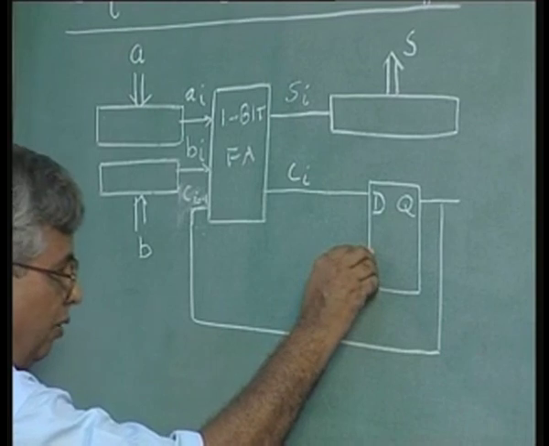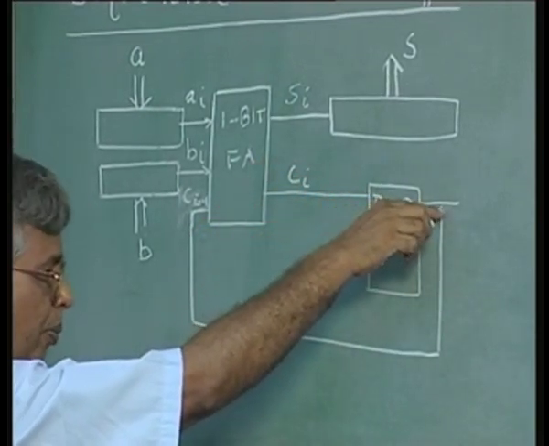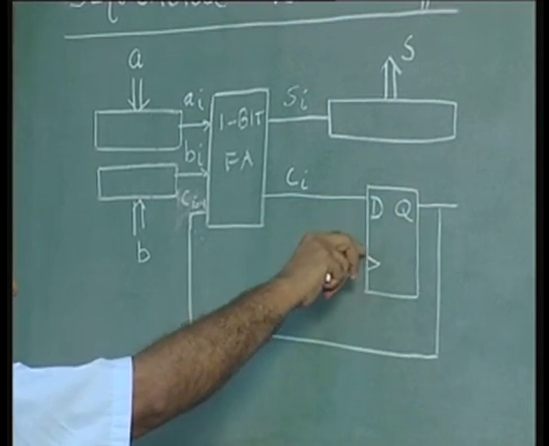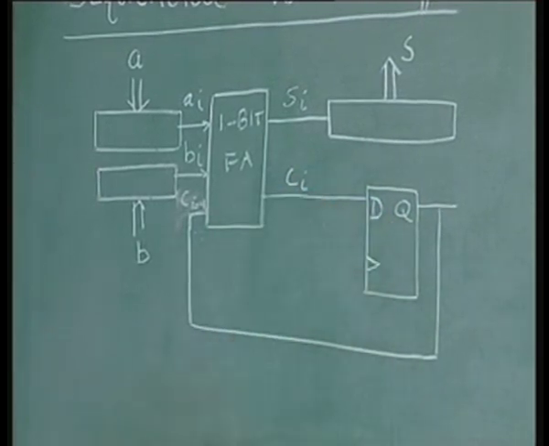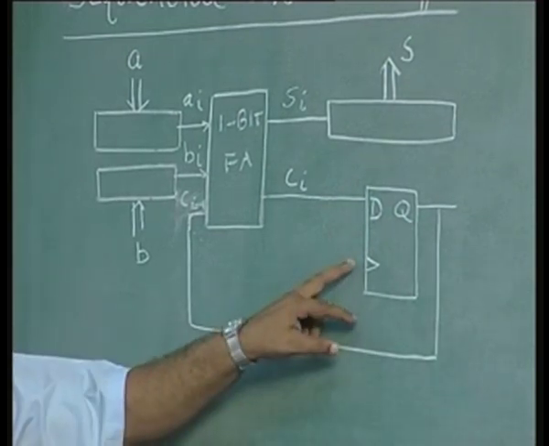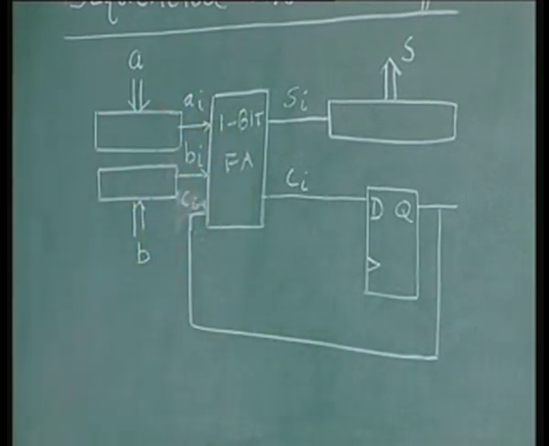So, we need a clock anyway for the flip flop. When does the flip flop know it has to release the previous value, or when does it know that it has to store the new value of Ci and rewrite over the old value? That will be decided by the clock, the same clock which can be used for shifting the shift registers.